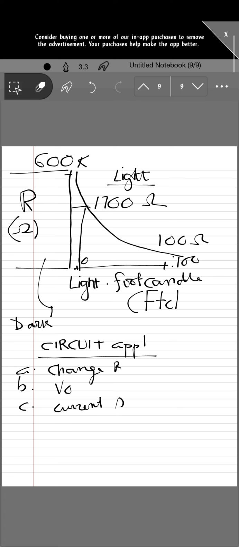Although these three things are related, they can be considered three different applications. So let's understand graphically what these three applications mean.